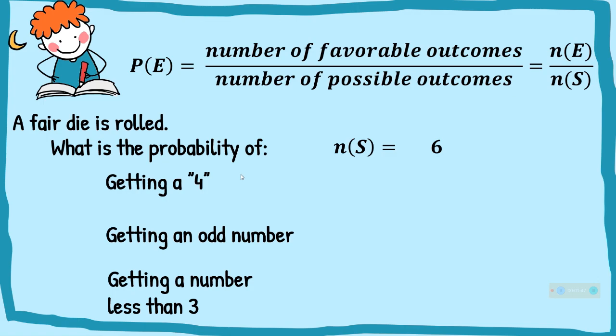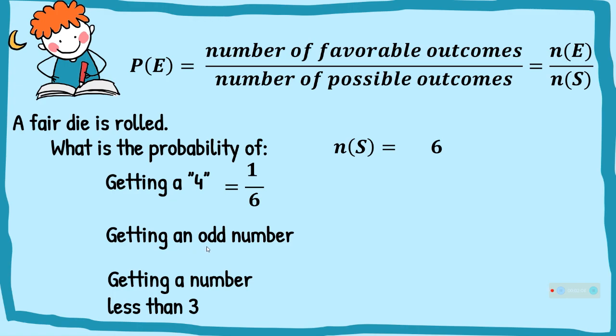Okay, so what is the probability of getting a 4? Out of 6, we have 1, because we only have one piece of number 4 in a numbered cube or a fair die. Can you reduce this to lowest term? Since it is not reducible, our answer is 1 over 6.